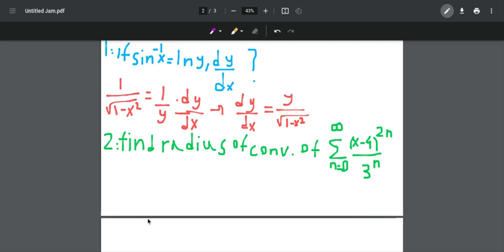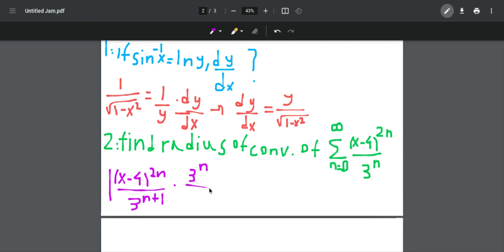First of all, I'm going to evaluate the absolute value of a sub n plus 1 over a sub n, and then take the limit. So we have the absolute value of a sub n plus 1, which is x minus 4 to the power of 2n over 3 to the power of n plus 1, and then we multiply it by 1 over a sub n.